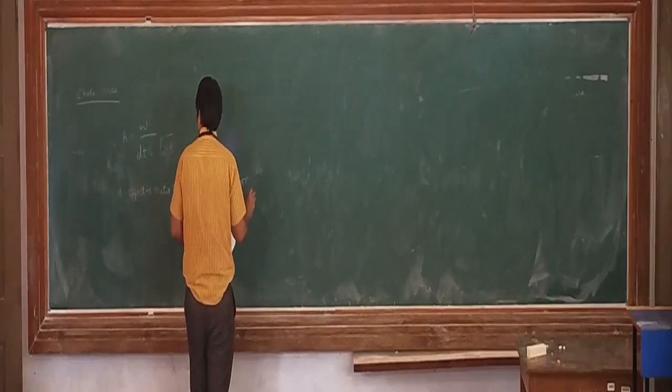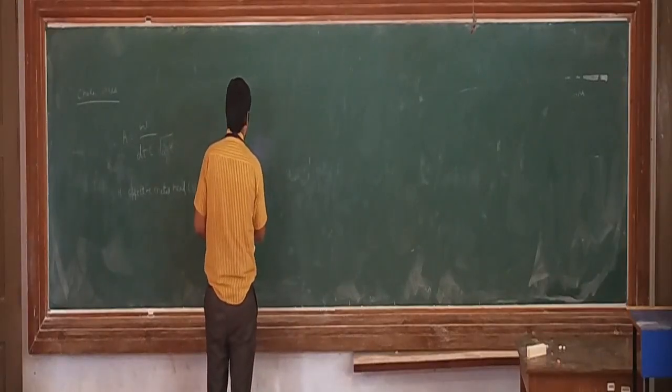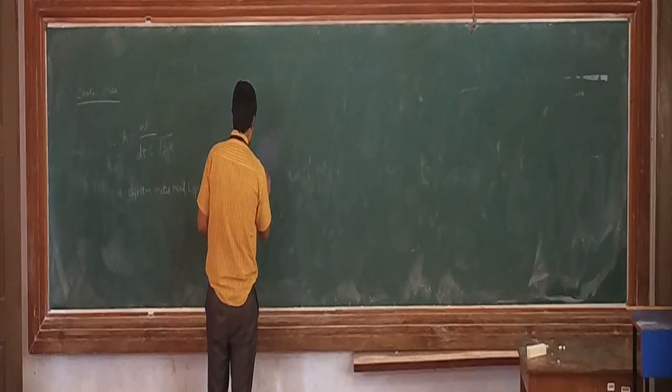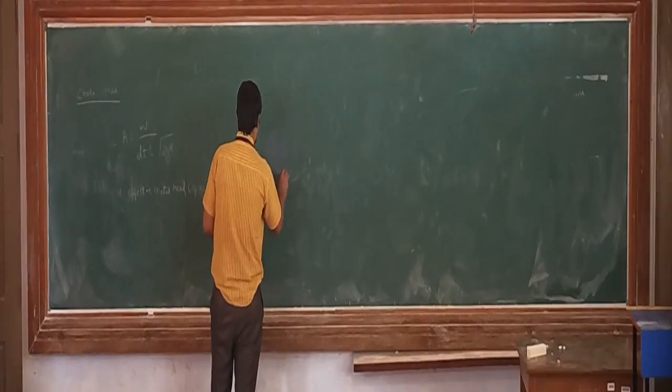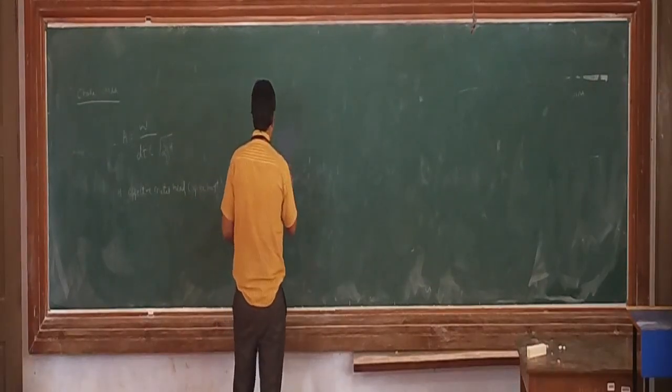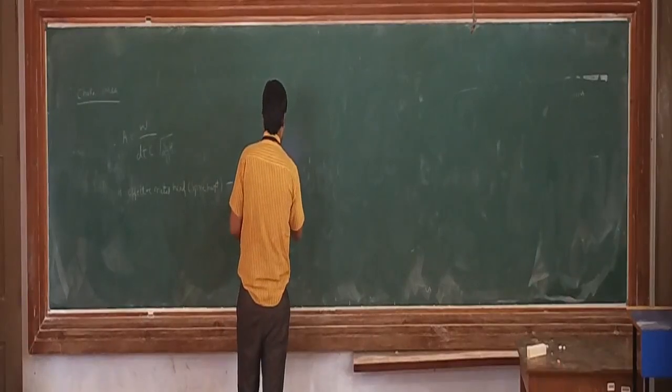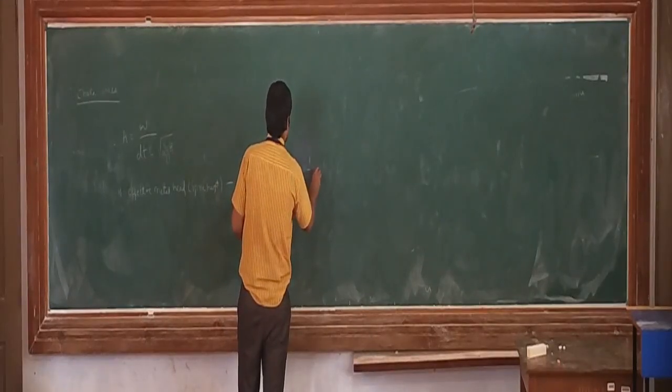So H is this effective sprue height. I'll explain this. For top gate, H is equal to small h, that is height of sprue.